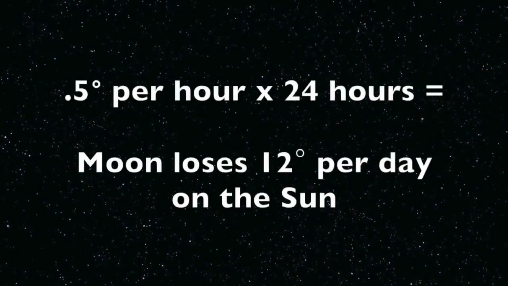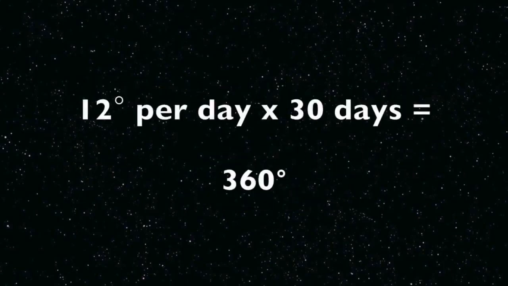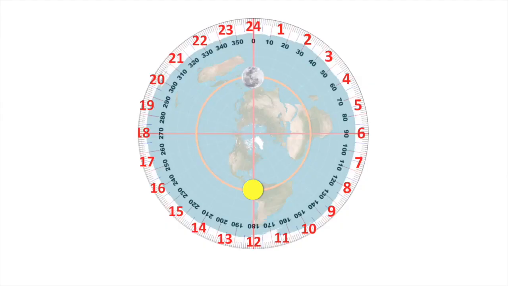So this half a degree per hour equals 12 degrees per day. So as the sun and the moon circle above in the firmament, the moon loses 12 degrees per day on the sun. And this 12-degree loss causes the lunar phases. So as you see here in this little animation, we've got the sun and the moon circling above, 1 hour at a time.